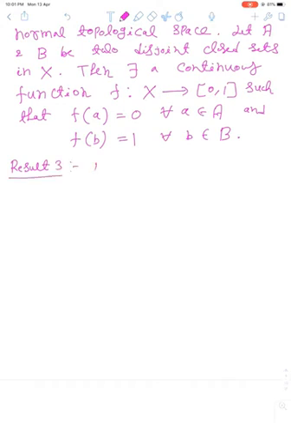So let X be a first countable topological space.